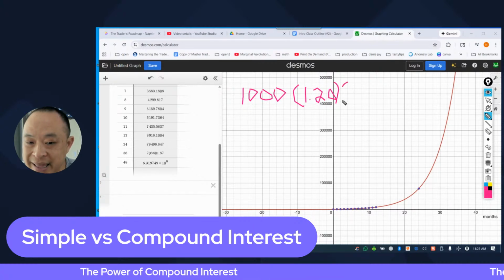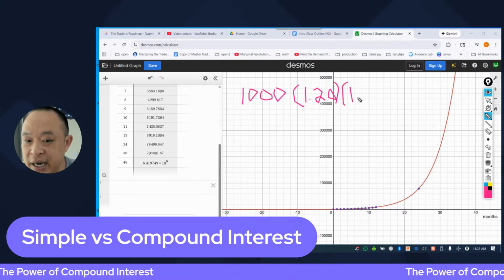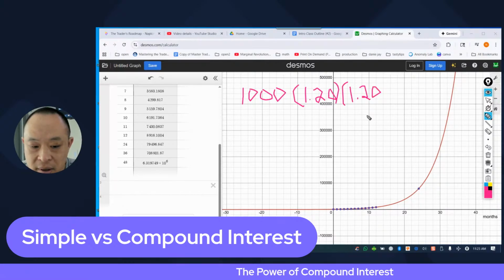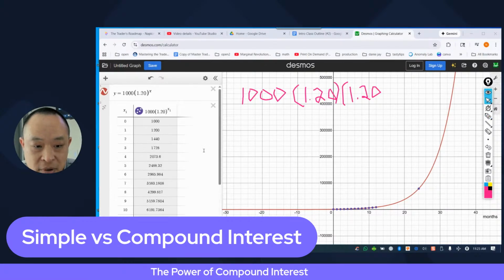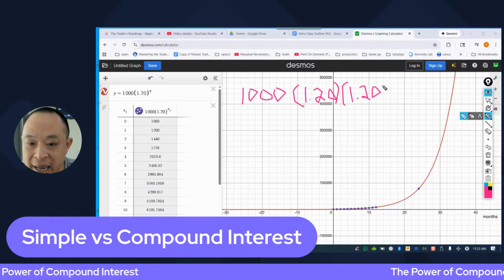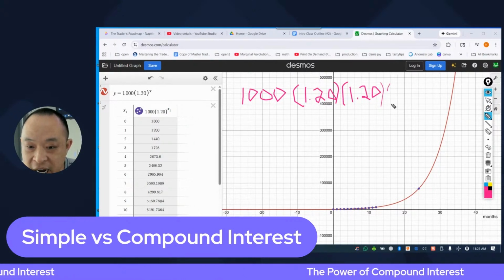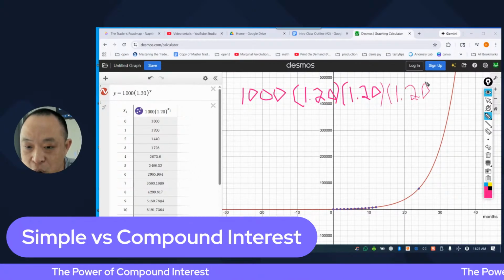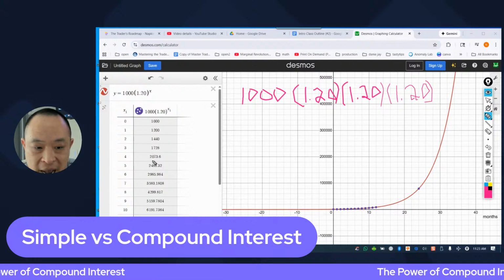If you multiply that 1,200 times 1.20, that's going to give you, let's go back to our table, that's going to give you 1,440, right? If I multiply that 1,440 times 1.20, then that is going to give me 2,073.